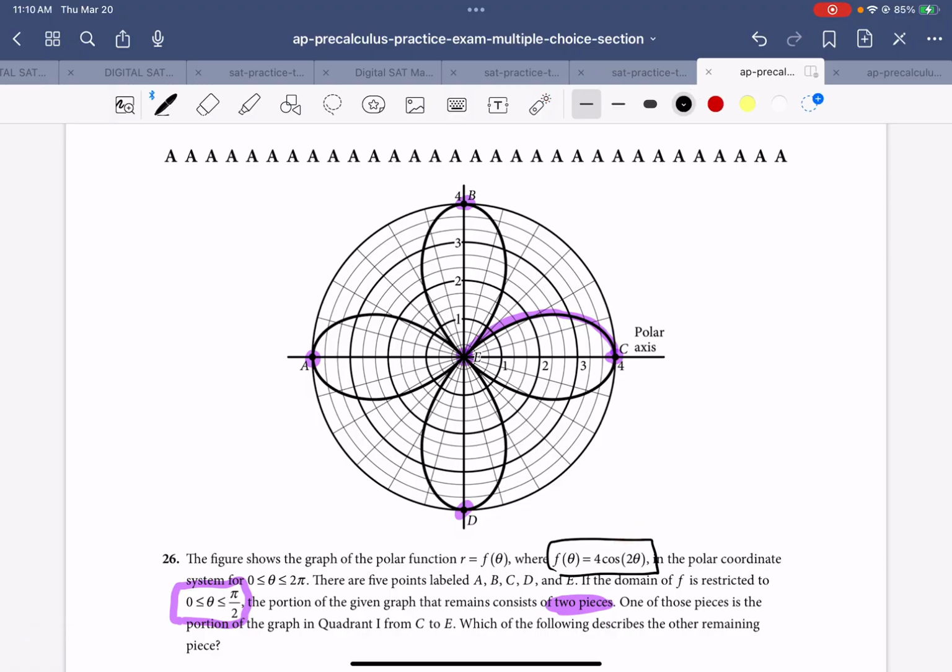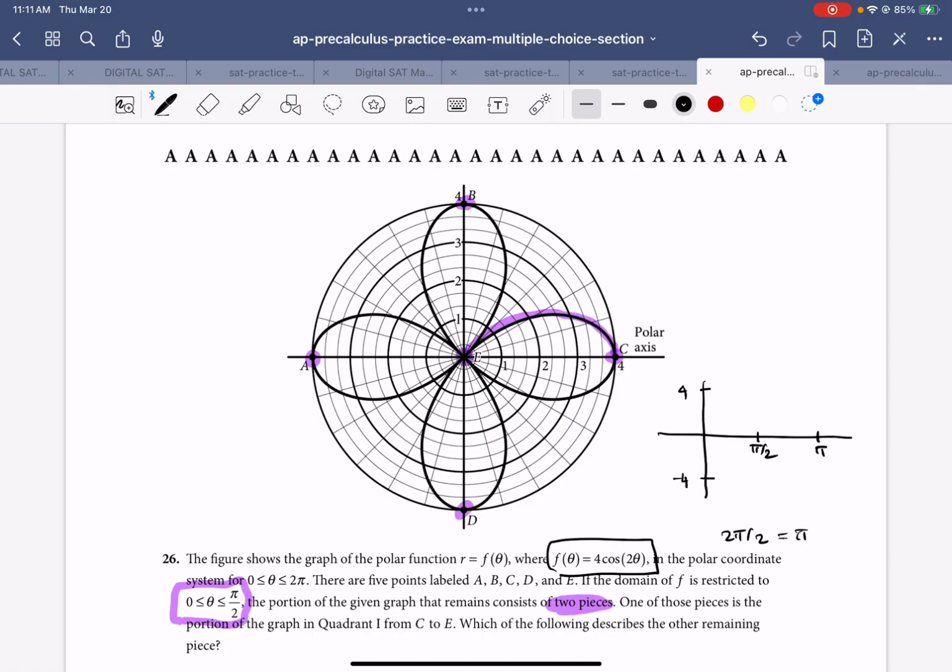In the xy plane, that's a cosine graph with amplitude 4. Let's go up 4 here, and then go down 4 here. The period is 2 pi over 2, which is pi. So here pi, and then pi over 2.